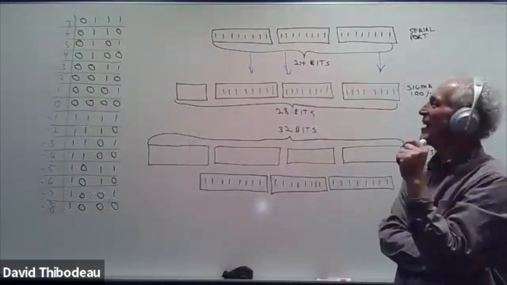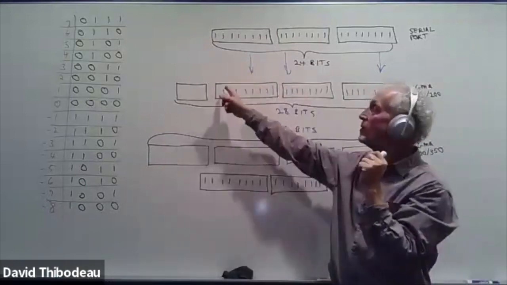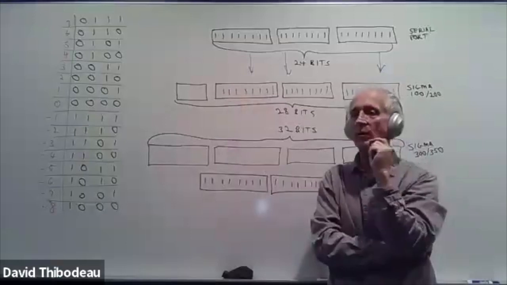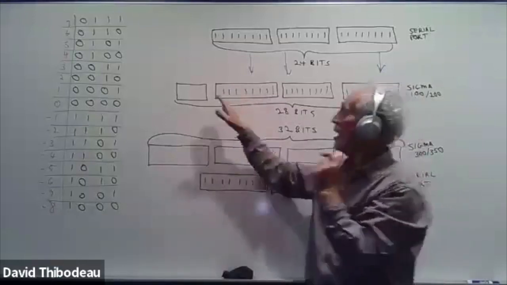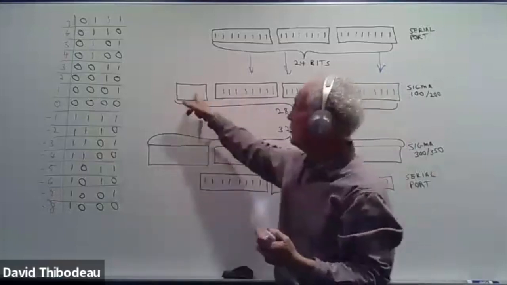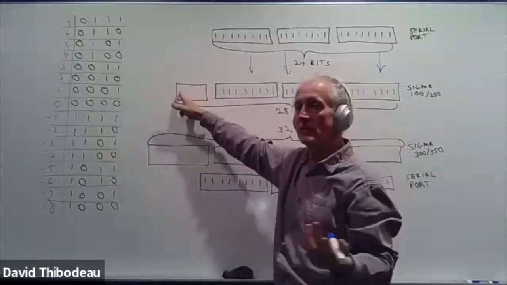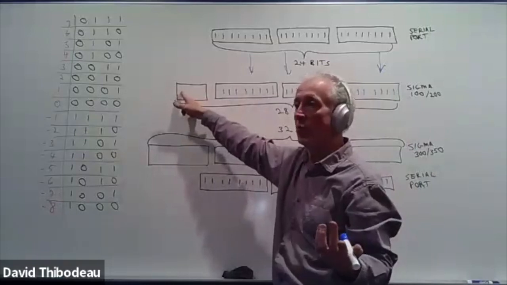So we transferred. In this case, it's a negative number, so we need the value in the core to be a proper negative number. If we put zeros here, then the sign bit is going to be a 0 and it's going to be a positive number. That won't work.